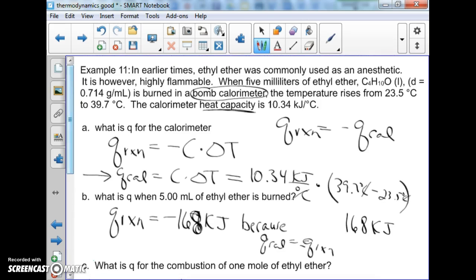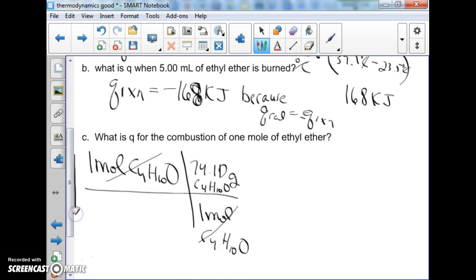Keep in mind, and I've talked about this from the beginning of the semester, the 0.714 stays with the g, because it's the unit on top, and that's going to be over 1 milliliter. So then, I know I need 0.714 grams of ethyl ether for every 1 milliliter of ethyl ether.